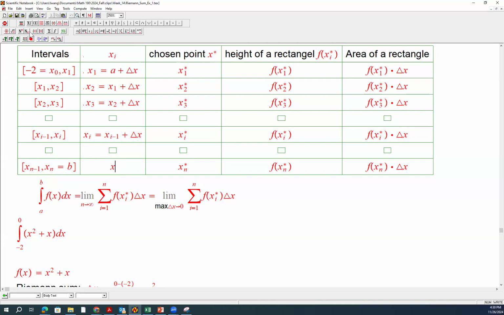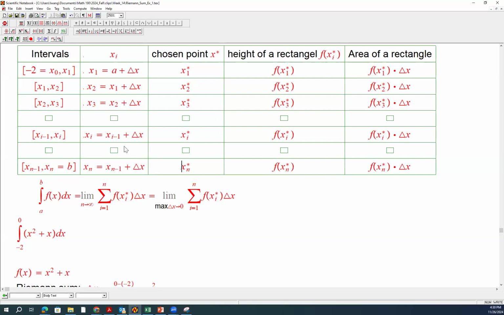X sub n is going to be x sub n minus 1 plus delta x. We're really just applying algebraic knowledge to do this.